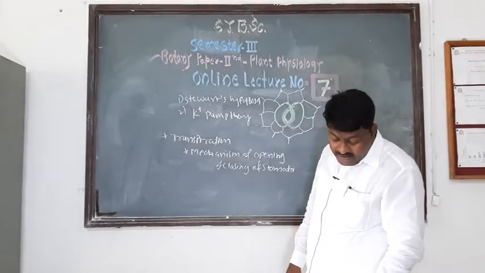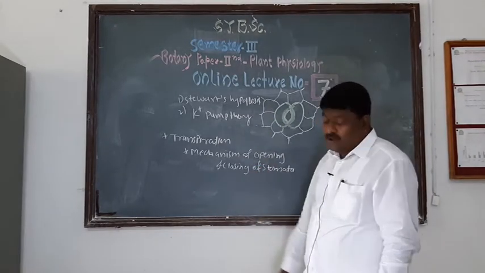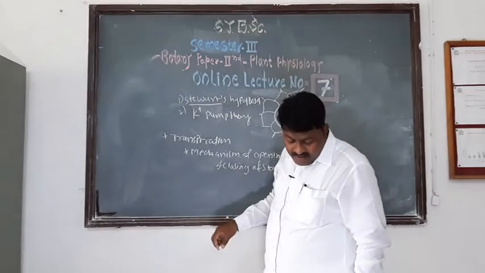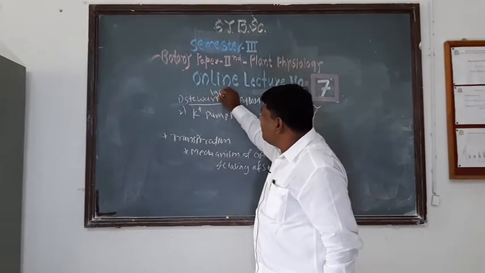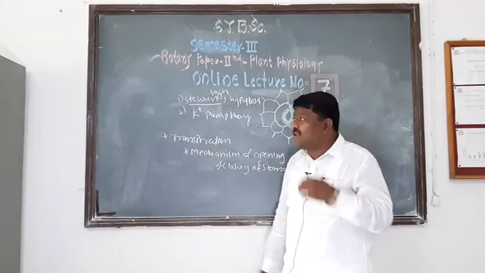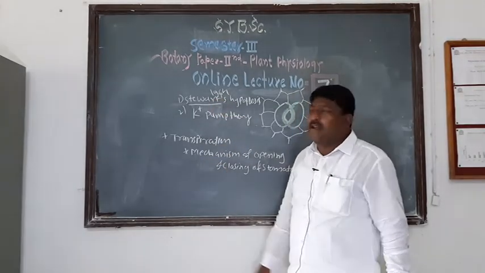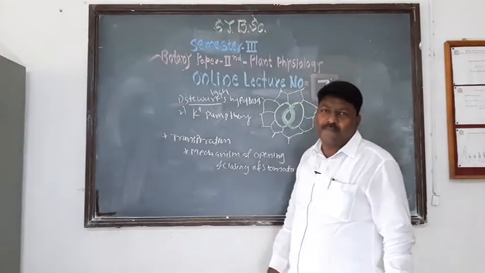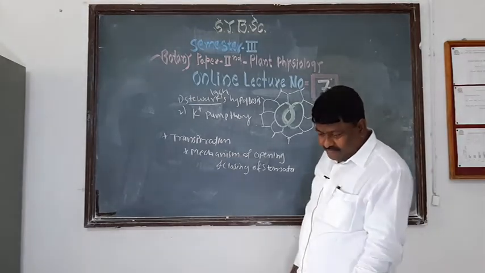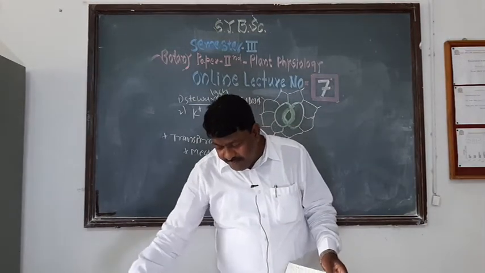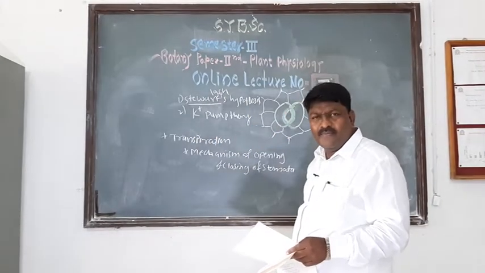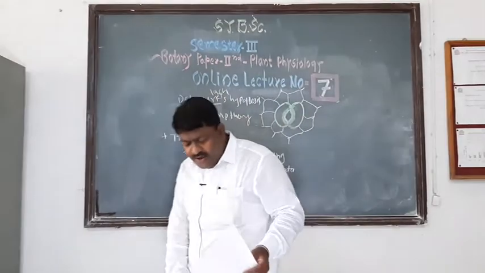This theory, Stewart's hypothesis, was proposed by the scientist Stewart in 1964. According to him, during night time, starch is present in these cells, and we know that starch is insoluble.